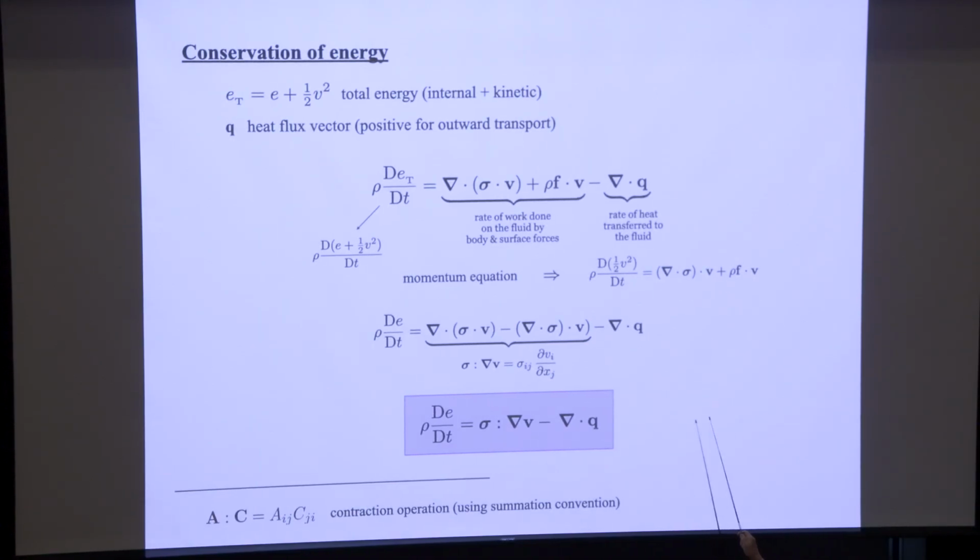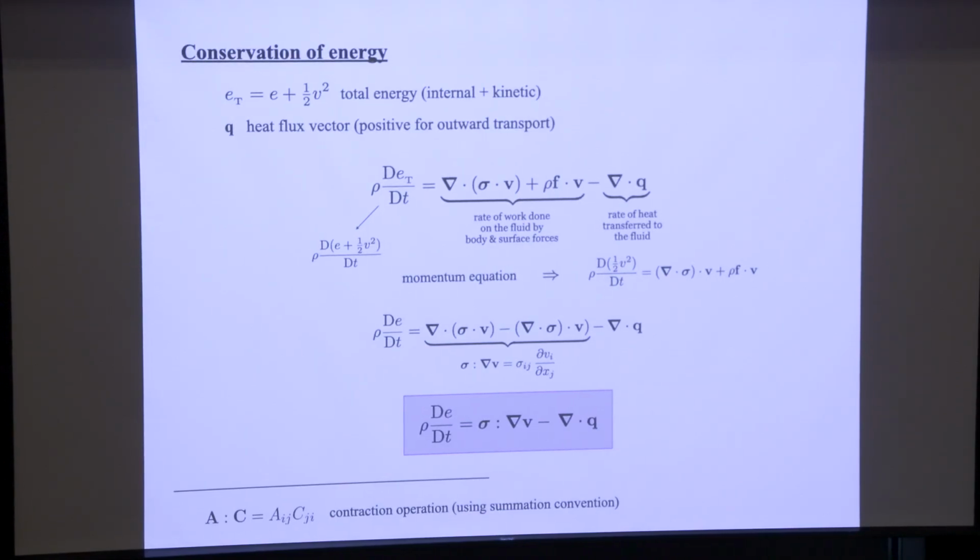And so when you extract it from the top, you get an equation that involves only the internal energy, and there are two terms coming from the stress tensor that together operate in something which is referred to as a contraction. So the contraction of two tensors is essentially by component the double sum of Aij, Cij.